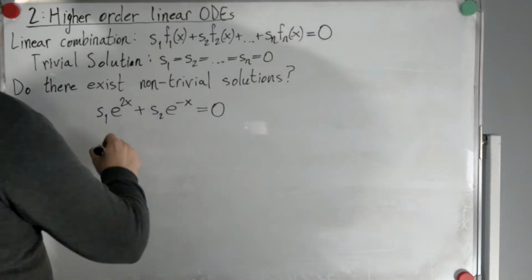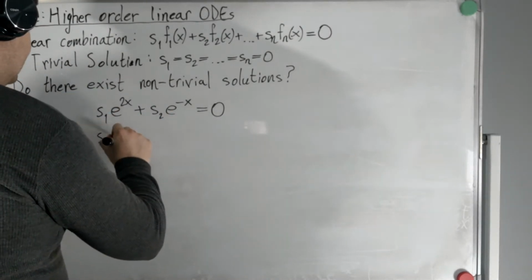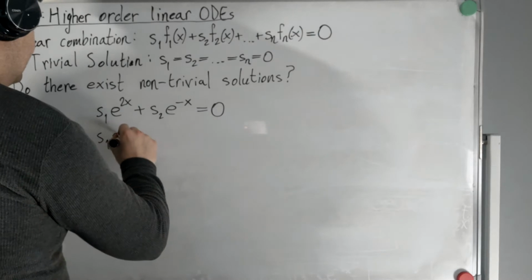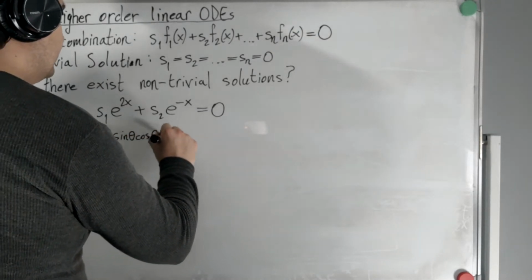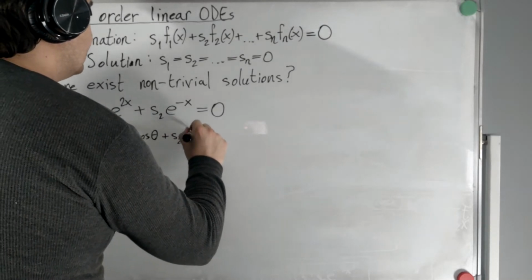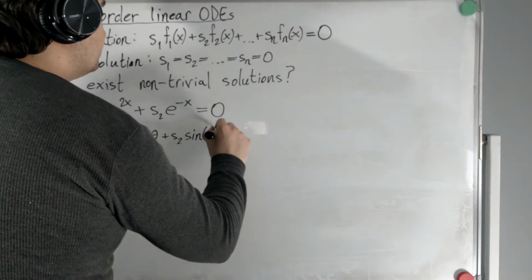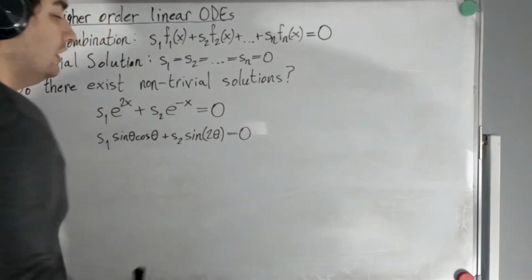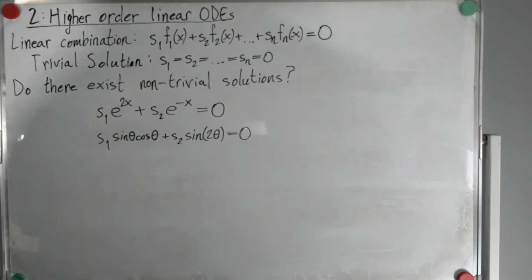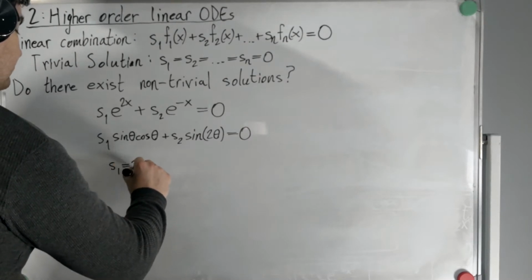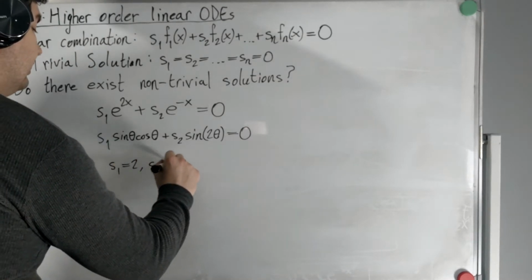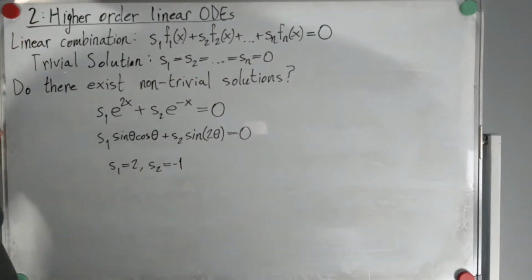But if you take something like s1 times sine theta cosine theta plus s2 times the sine of 2 theta equals 0, well, there are non-trivial solutions to that one. All you'd have to do is make s1 equal to 2 and s2 equal to negative 1.